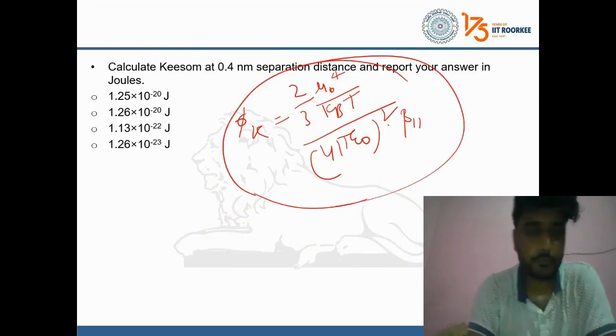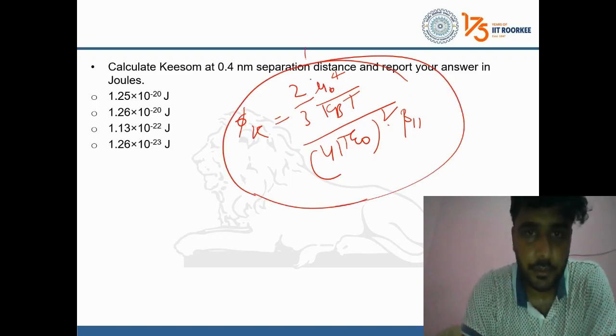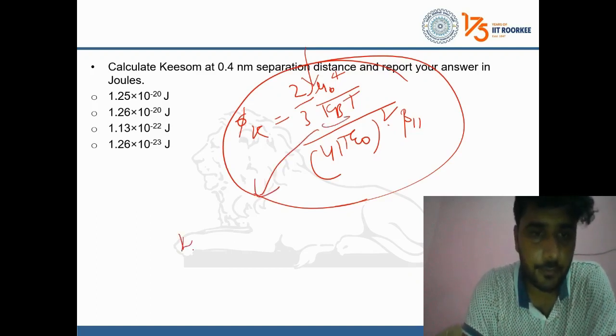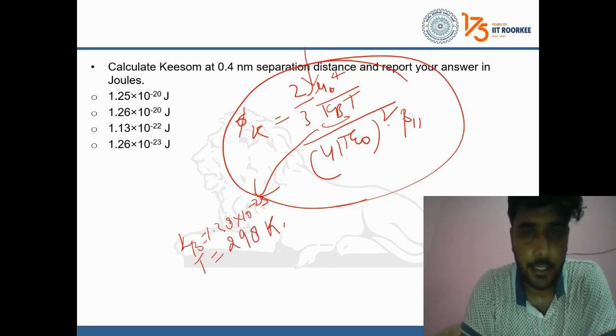Okay, so you already know this term, and for kB you have to put 1.38 10 raised to minus 23, and for temperature 298 Kelvin, and all the values are given in the question.